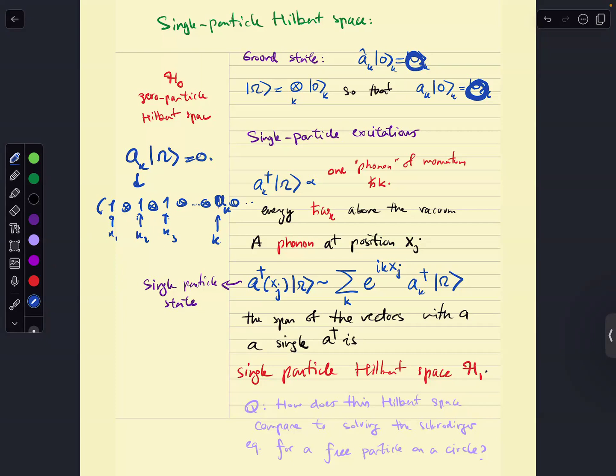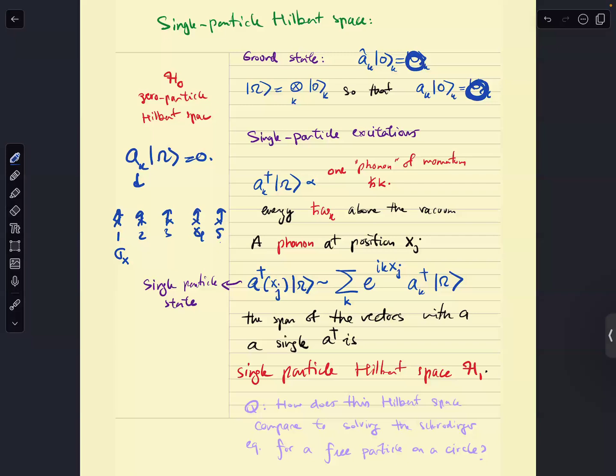Okay, thank you. I'm just writing it this way because this is a complicated notation, right? Think of it this way: if I have a spin system, there's a spin degree of freedom at each site, site 1, 2, 3, 4, 5, or something. I can talk about sigma x at site 2 acting on the Hilbert space.